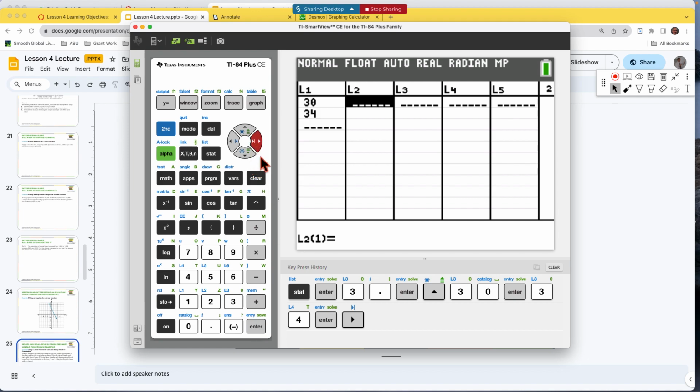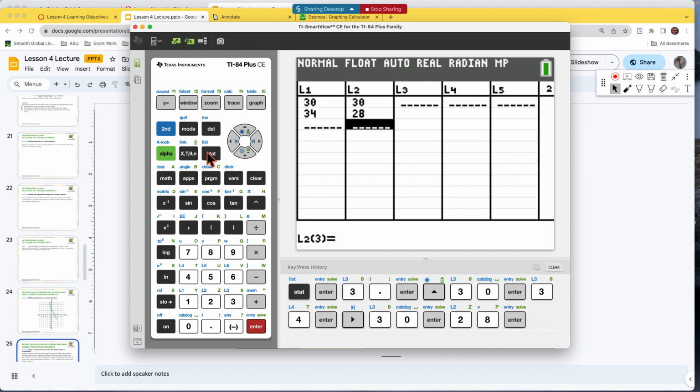And then I arrow over and put in the Y. The first coordinate was 30 for the Y, and then 28 for the second Y. Notice this is kind of like the Indian way where you've got the points side by side, one above the other. So we've told it what points we have.